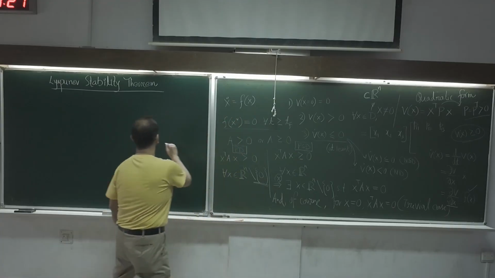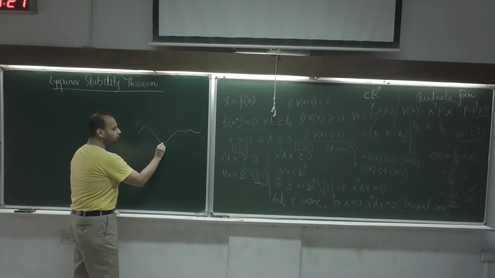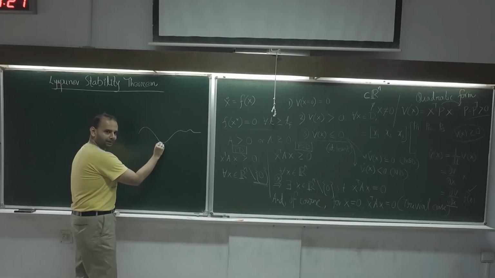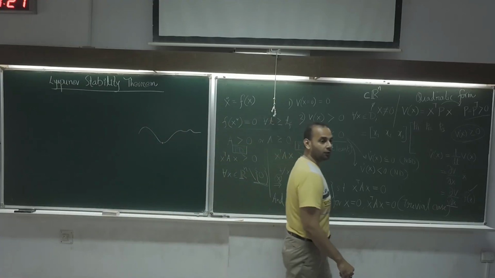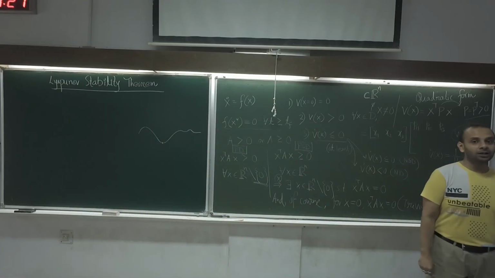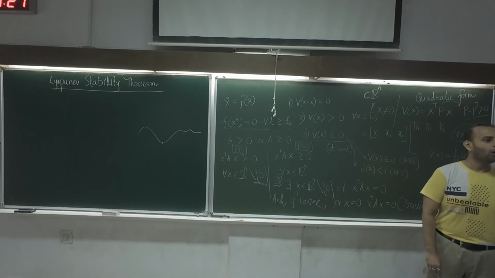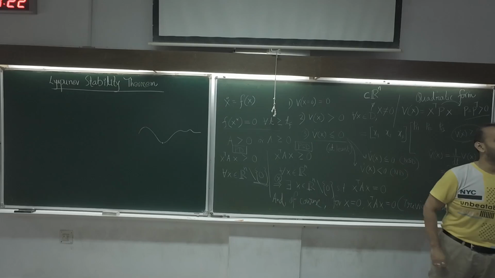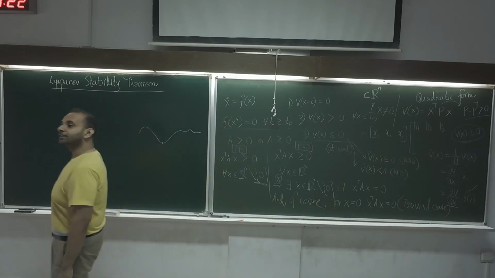Say for example the trajectory is going something like that, then although it is not 0 but it is a minima which is called a local minima, then at that particular point also V will be 0. Then it will create a lot of confusion whether the system has arrived at the equilibrium point or it is stuck in a local minima. This ambiguity arises if we consider semi-definite V.